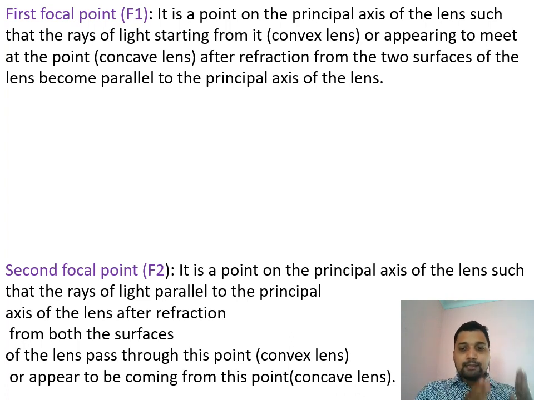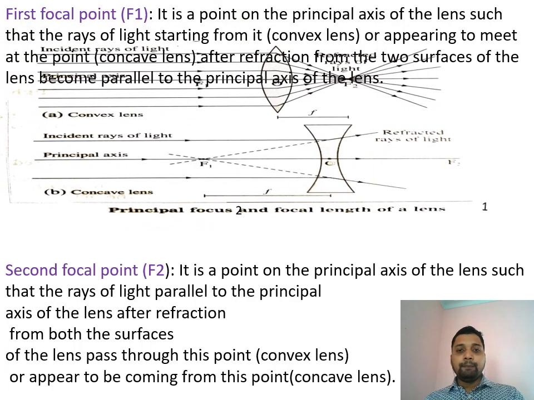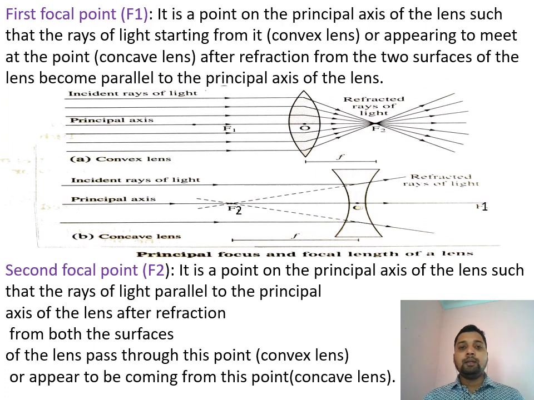In a convex lens, they actually meet at a point, but in a concave lens they appear to meet at a point. It is the second focal point. Both sides have one focal point, and the distance from the focal point to the optical center is known as the focal length. From the optical center to the focus is the focal length, whereas from the optical center to the center of curvature is called the radius of curvature.